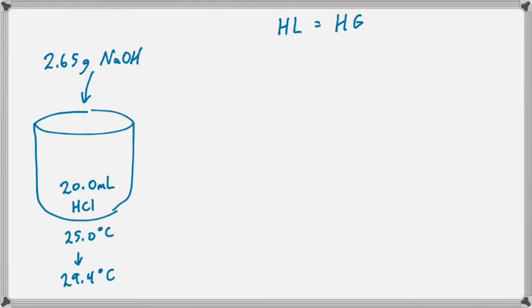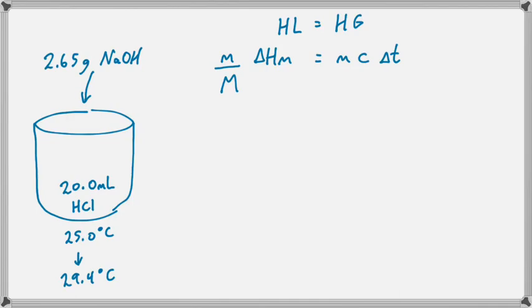So on the water side, I have the mass, I know the capacity, and I know the temperature change. So I'm going to expand out to MC delta T. On the other side, I have a mass of sodium hydroxide, so I'm going to use mass over molar mass. Delta HM is equal to MC delta T. So a very similar setup to our last example question.